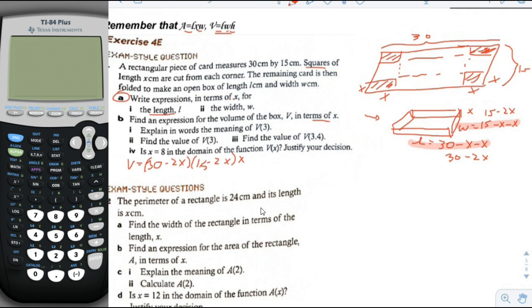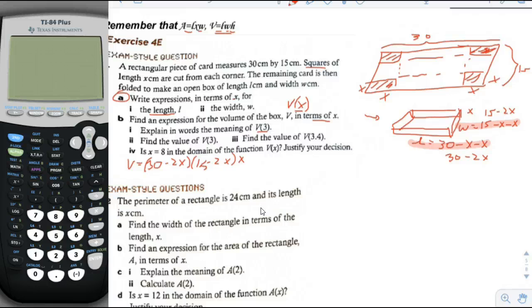Then it says, explain in words the meaning of V of 3, the function V with the input of 3. Well, the input is the x value. V is a function of the box in terms of x, so you write it like that. The input, which is x, they say is 3.